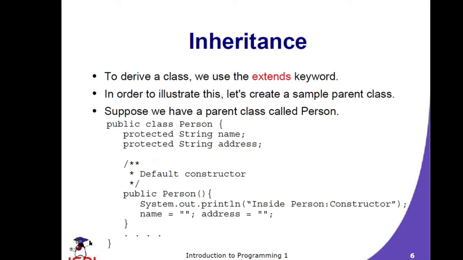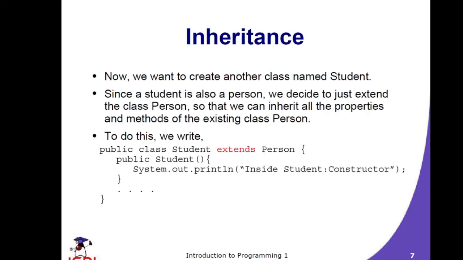Sometimes we illustrate the inheritance between objects so that we could easily identify the hierarchy of each class. For example, if we have a public class Person with a default public constructor Person, and we want to create another class named Student, since a student is also a person, we decide to just extend the class Person so that we can inherit all the properties and methods of the existing class Person.